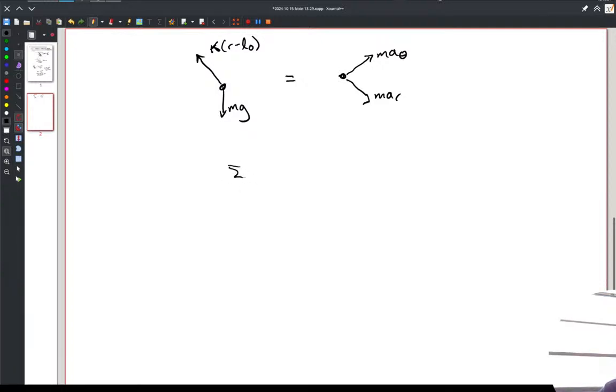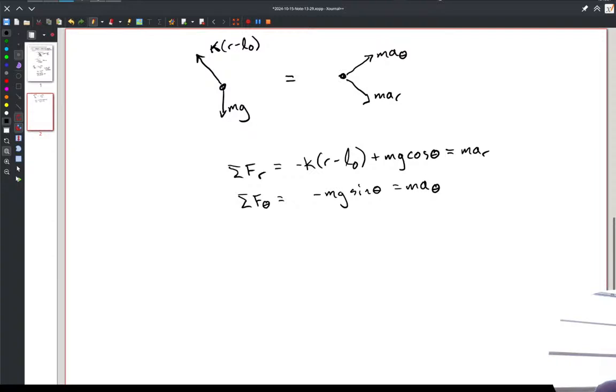So the sum of the forces along the R direction is equal to negative K times R minus L0 plus m g cosine theta, and that's all equal to m a_r. The sum of the forces along the theta direction: I don't have any spring constant there, so it's the same equation, negative m g sine theta equals m a theta.